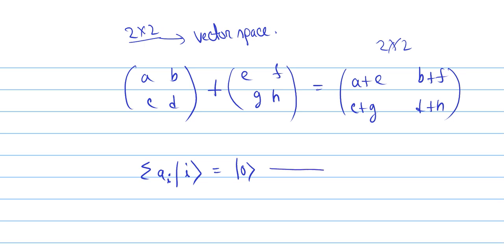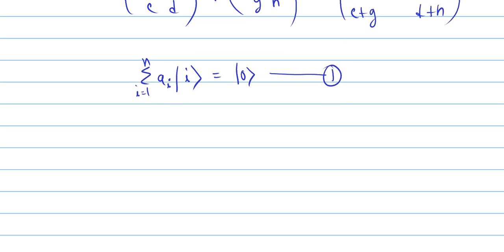Let's suppose this is our equation 1. You are multiplying multiple vectors by scalars, and if you do the sum you are getting a null vector. From this equation we will define another thing. So this will be our definition 3.